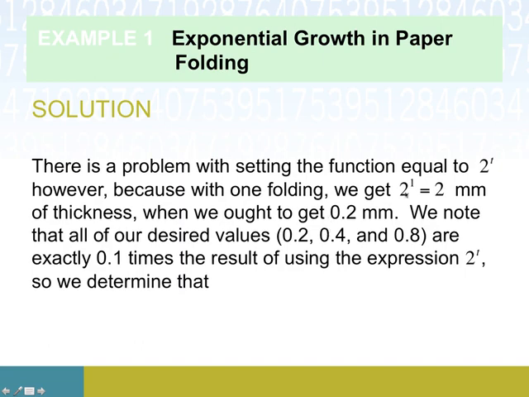And if we did t squared, we'd get 4, and what we really want is 0.4. If we did t to the third, we'd get 8, what we really want is 0.8. So basically what we figure out is that we're off by exactly 0.1 times 2 to the t. So if we just took 8, 4, and 2 and multiplied them by 0.1, we'd be exactly where we want. So we'll get our final function by doing precisely that. We'll take 2 to the t, and we'll just tack on this multiple of 0.1 in front.